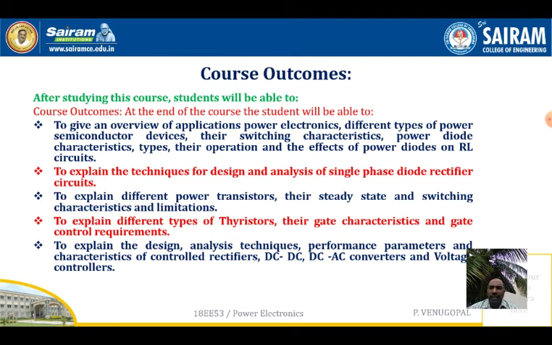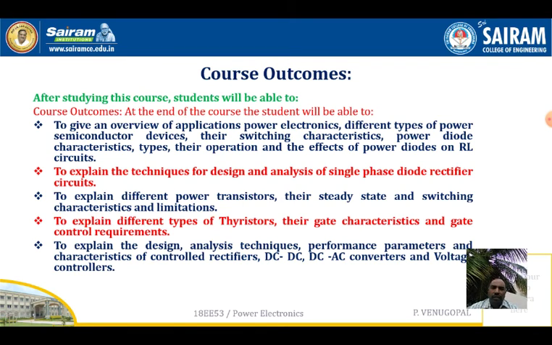Here I have fixed 5 course outcomes for this Power Electronics course, 18EE53. What is the first course outcome? After completion of the course, you will be able to give an overview of the applications of power electronics.